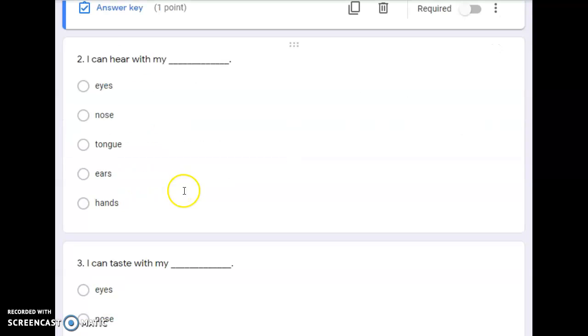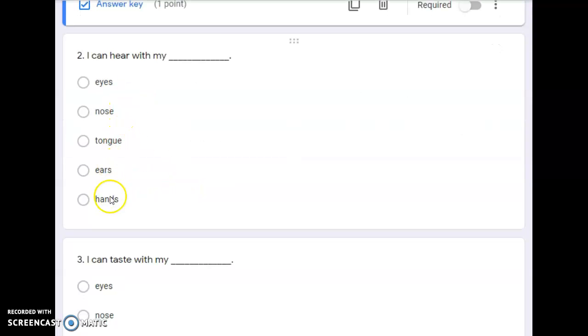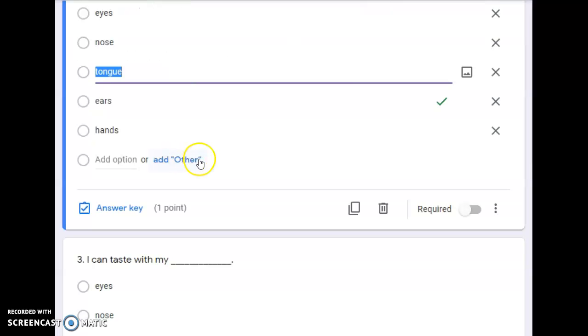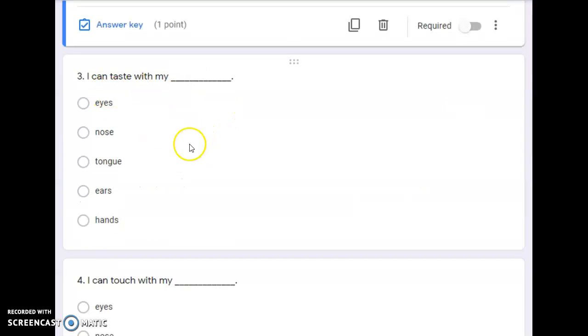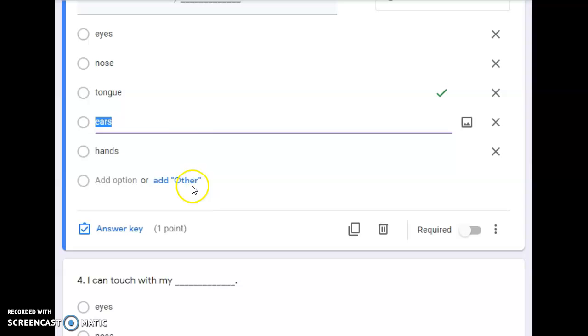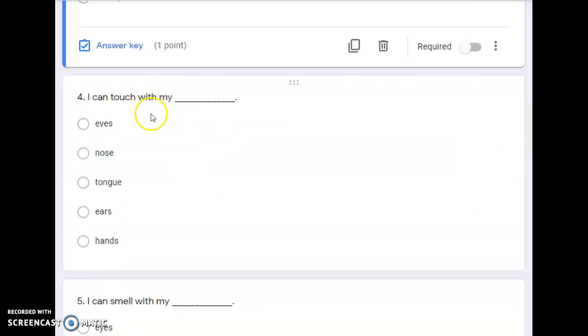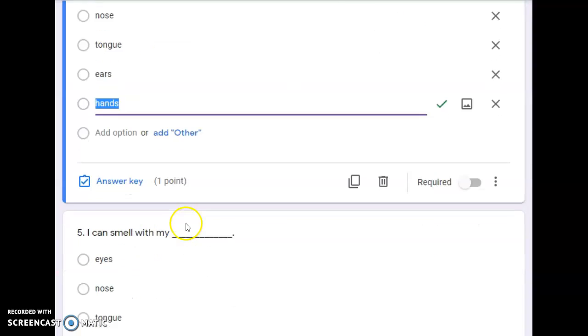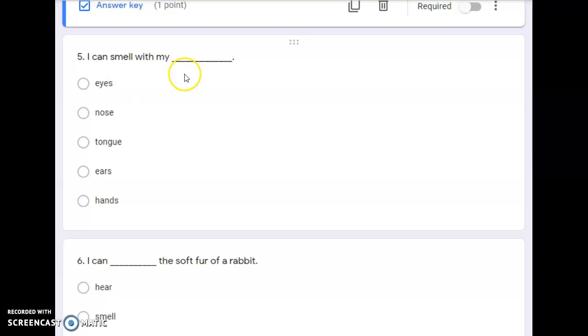I can hear with my ears. I can taste with my hands? No, I can taste with my tongue. I can touch with my hands, of course. I can smell with my nose, right?